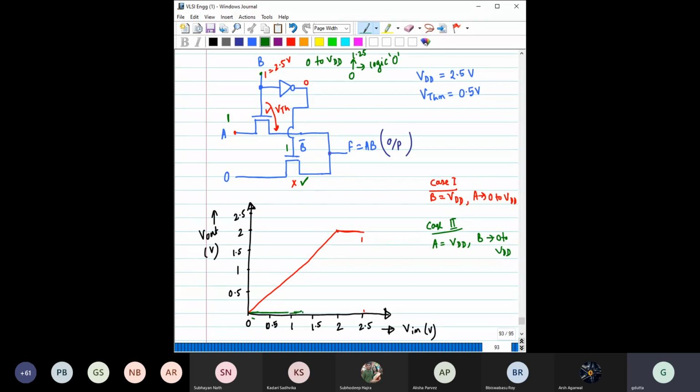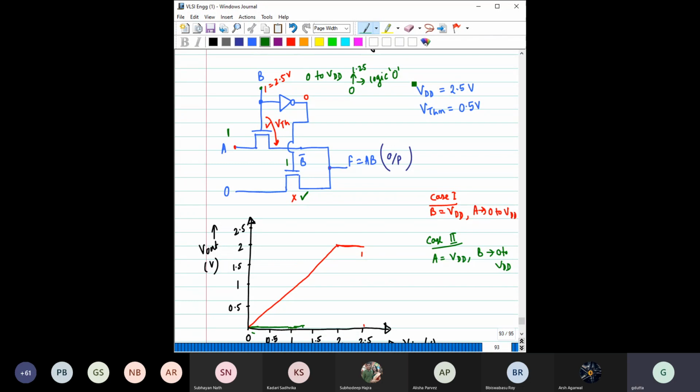After that, what will happen? When the input changes from 1.25 volt and goes towards 2.5 volt, B will be considered as logic 1, and the output would be at logic 0. So this transistor is now off in the second half.